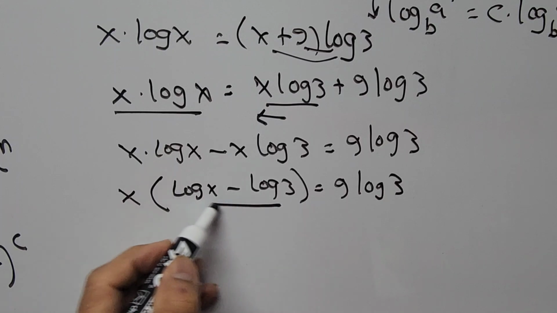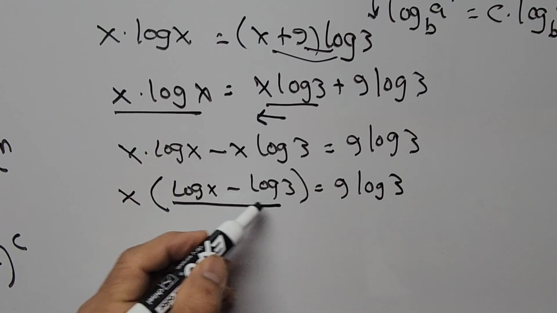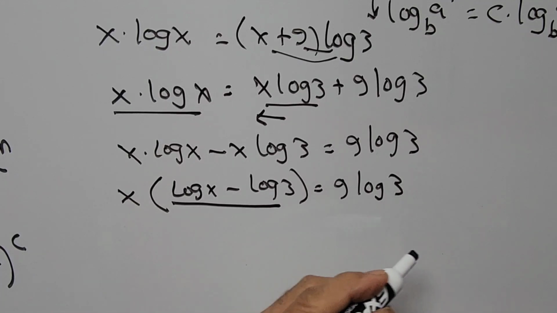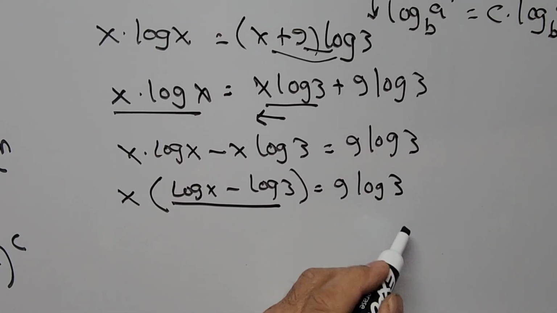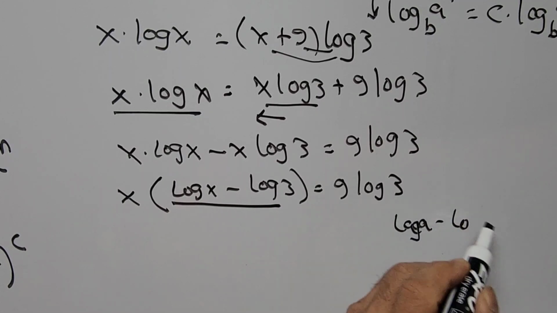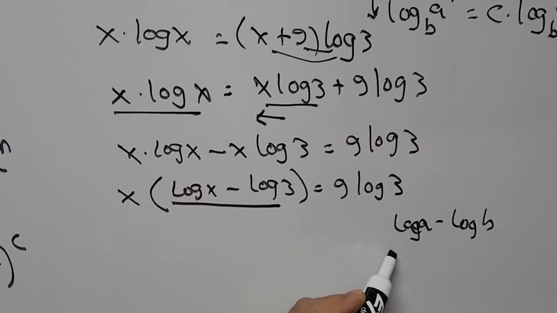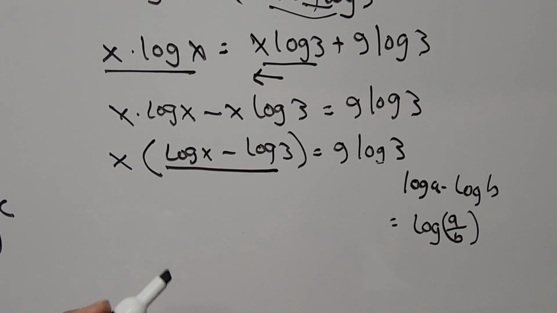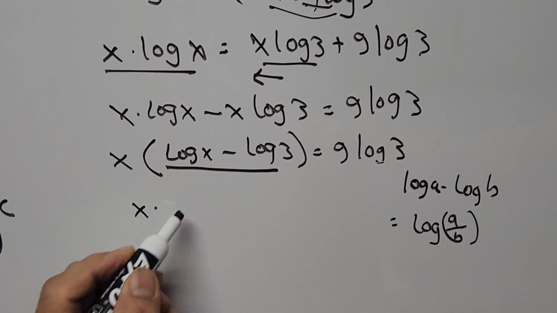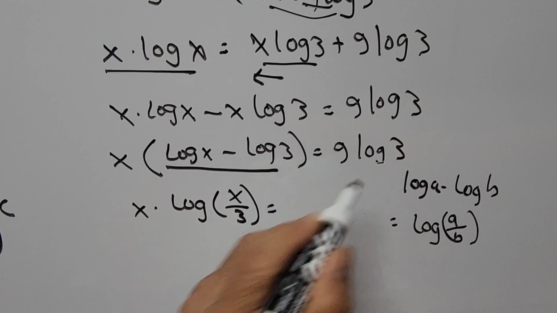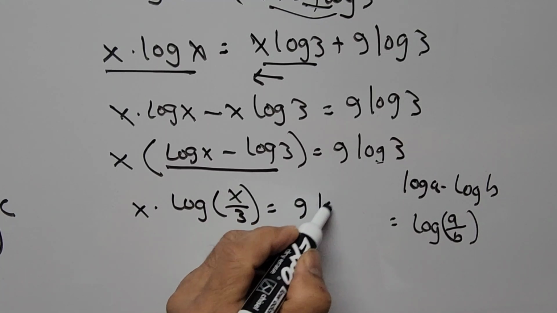And here, for log of x minus log of 3, we'll be using the logarithm quotient rule. If we have log of a minus log of b, this is equal to log of a divided by b. So now the left-hand side becomes x times log of x divided by 3 equals the right-hand side, which remains the same, 9 log of 3.